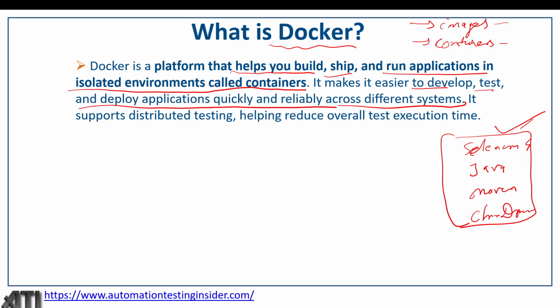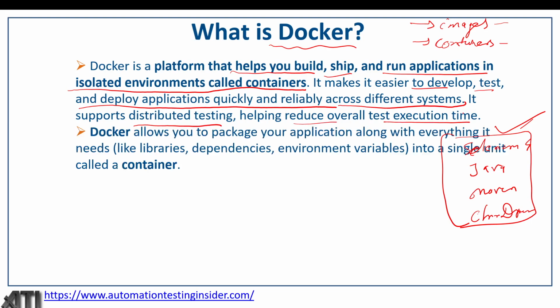So it makes it easier to develop, test and deploy applications quickly and reliably across different systems. It supports distributed testing. So what is the purpose of using Docker, right? It helps us to test the application on different environments, for cross-browser testing, and also parallel testing, helping reduce overall test execution time.